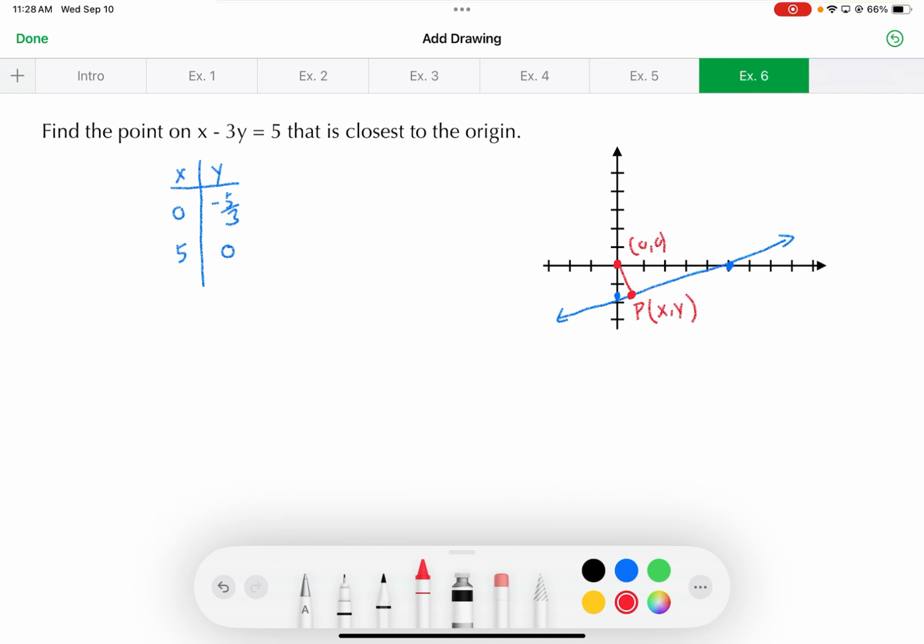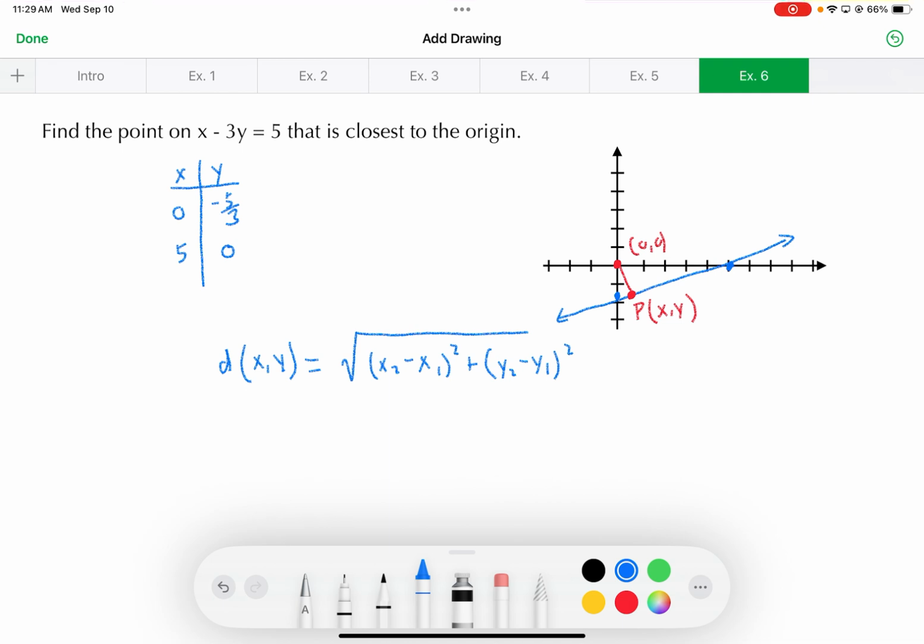Okay, so I'm going to use the distance formula. I'm going to find the distance between point P and the origin there. Now we know our general distance formula, square root of x2 minus x1 squared plus y2 minus y1 squared, right?